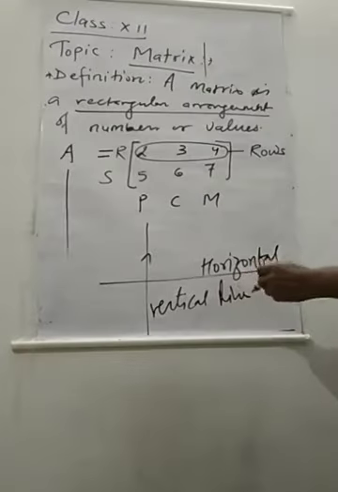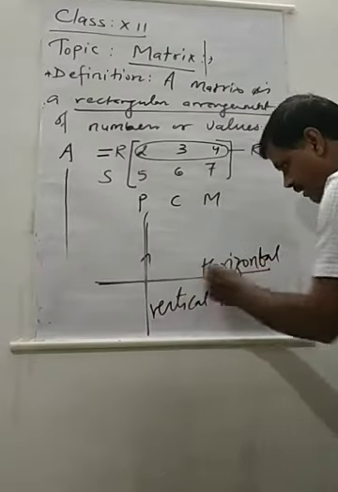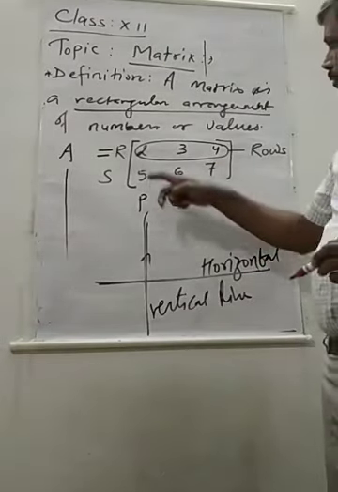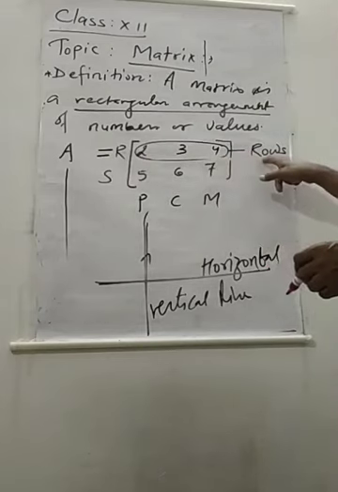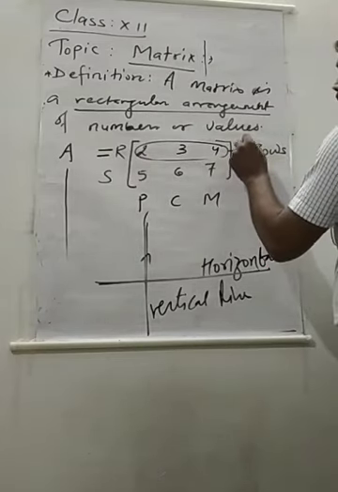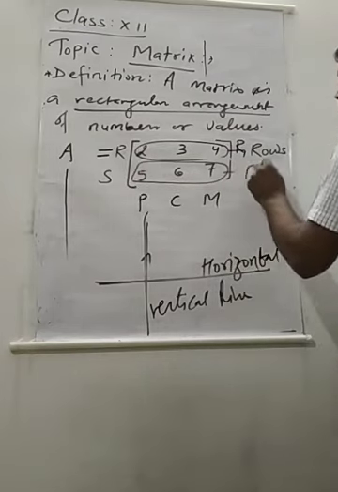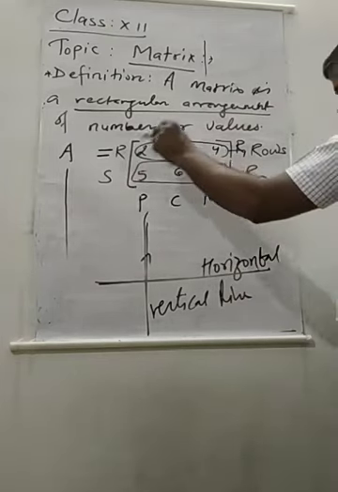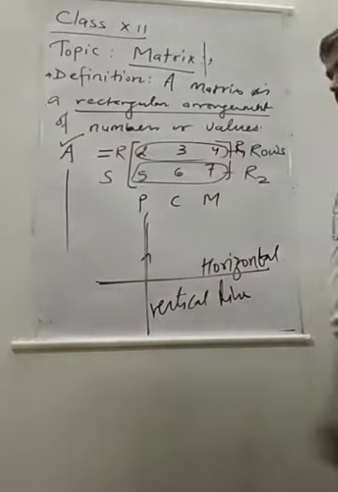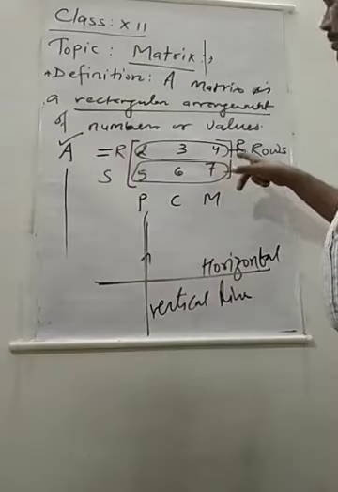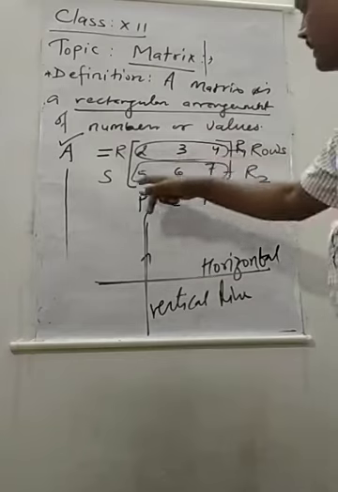Clear, friends? These are vertical, these are horizontal lines. So horizontal informations are called rows. Row 1 you can say this one, and the other horizontal information is row 2. So this matrix has how many rows? 2 rows. First row and second row.